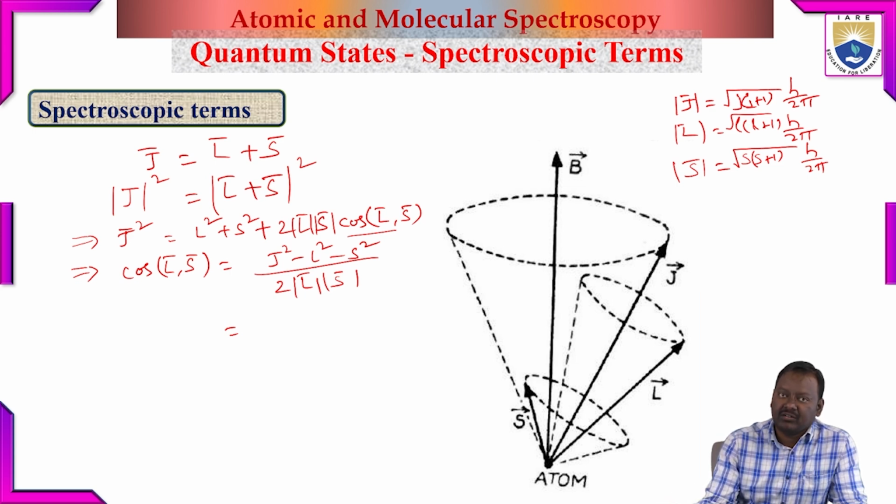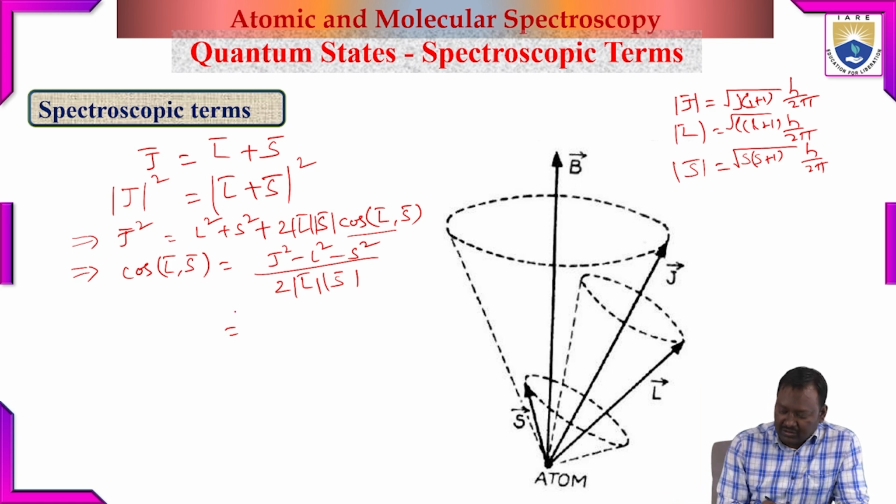whereas J is also called the inner quantum number. L is the orbital angular quantum number, S is the spin angular quantum number. By substituting all these values, we get J into J plus 1 times h square by 4 pi square. We can take this outside of the entire expression and write minus L into L plus 1 minus S into S plus 1.